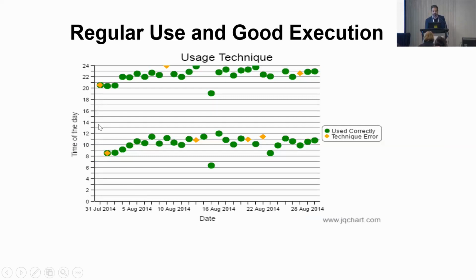So here are just some plots of individuals. This is in 2014. These are individual days, and this is actually the time of day on a 24-hour clock. The person's clearly meant to be taking it once in the morning and once in the evening. And the green dots are they took it. If there's a gap missing, it means it was completely missed. And here, this is using the inhaler.